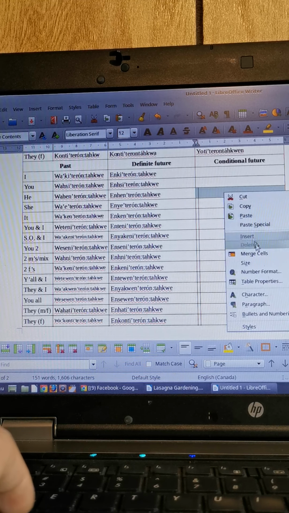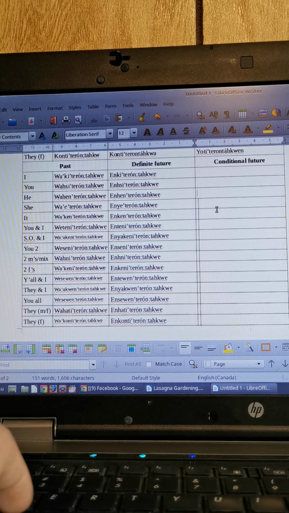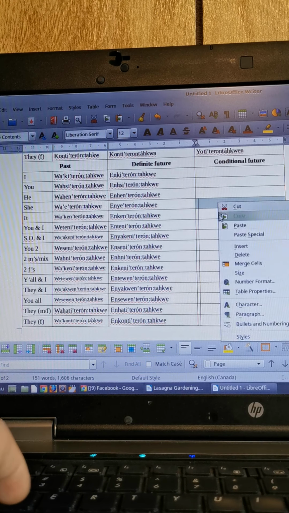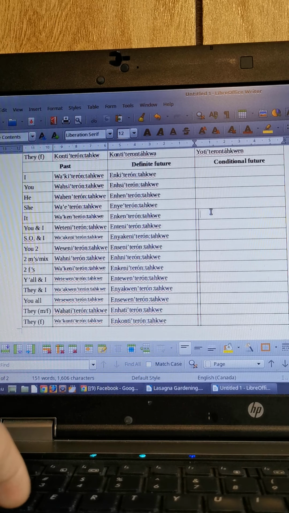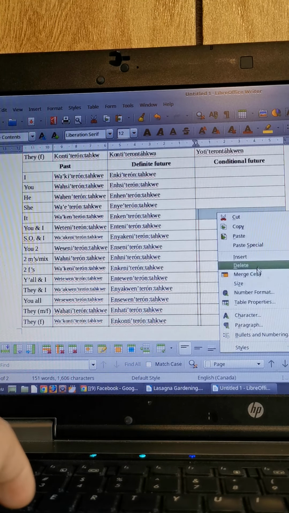I tried clicking Control G because this thing says G is the keystroke for the merge, but it doesn't work, so I don't know exactly what's wrong with it or what I'm doing wrong.